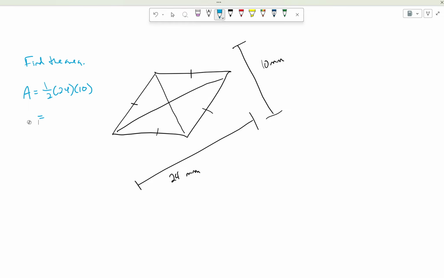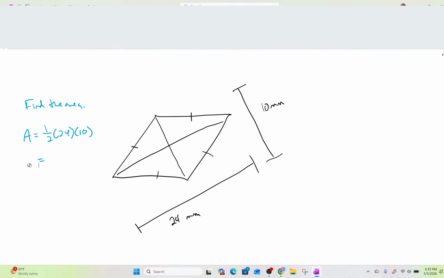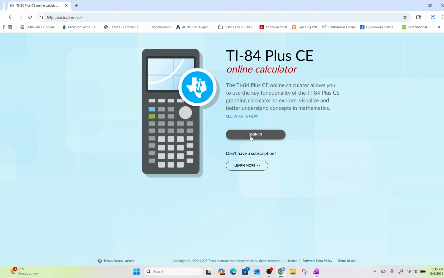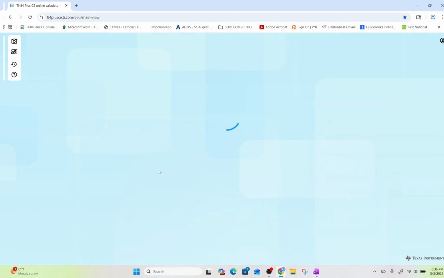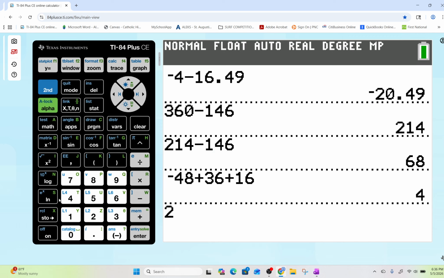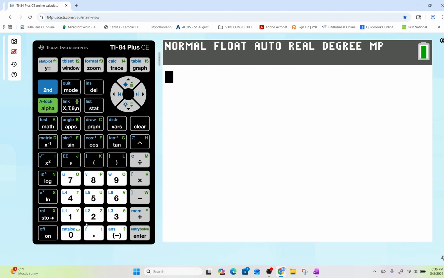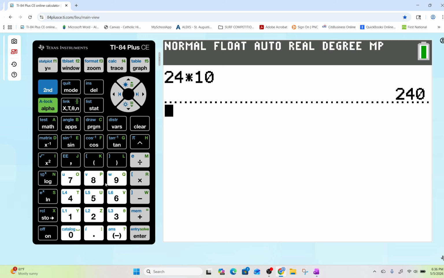Let's put it in the calculator. All right, I need my calculator back up. Oops, not logarithm, goodness. 24 times 10, and we multiply times 1/2, or in other words, divide by 2, and that's going to be 120.